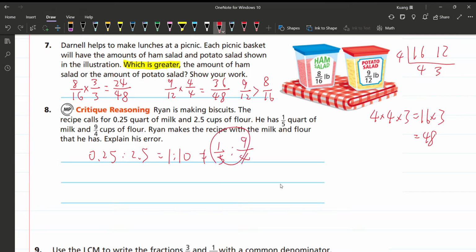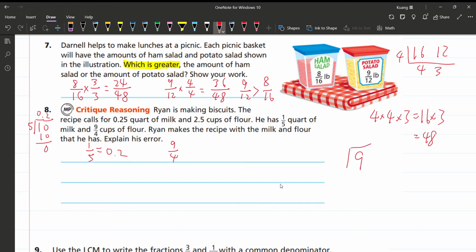Okay, these are fractions, so maybe we convert them to decimals so it is easier to compare. So 1 over 5 is 0.2.